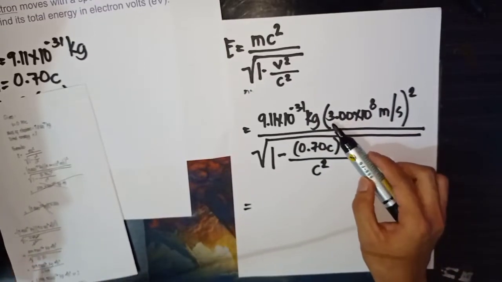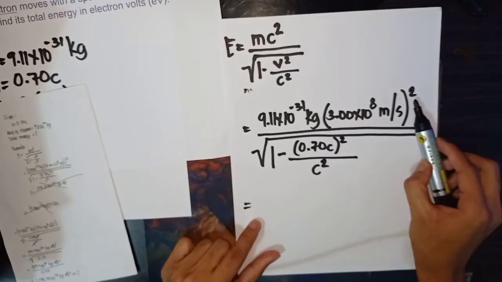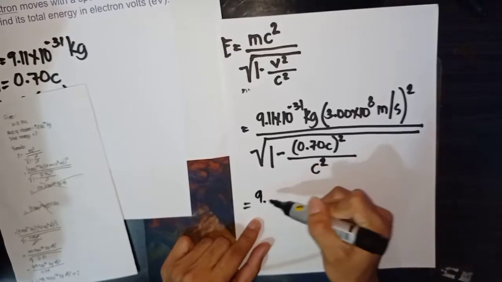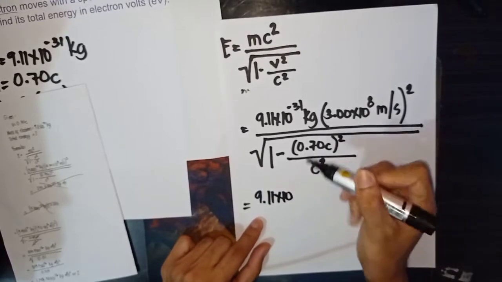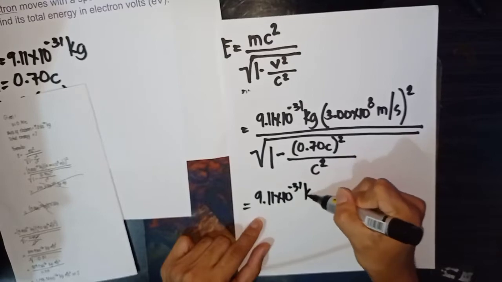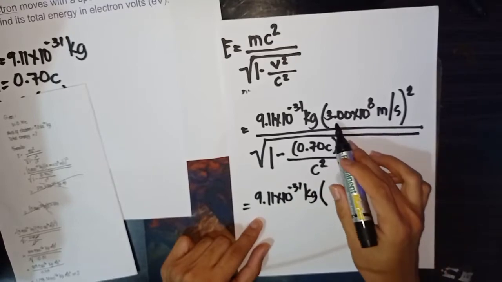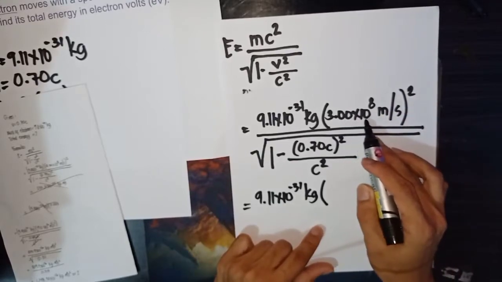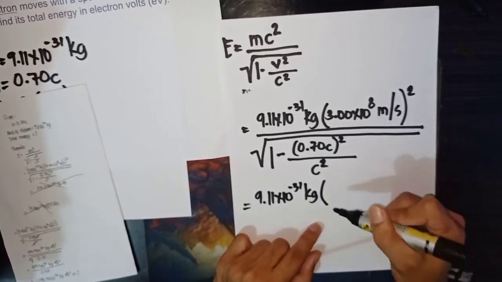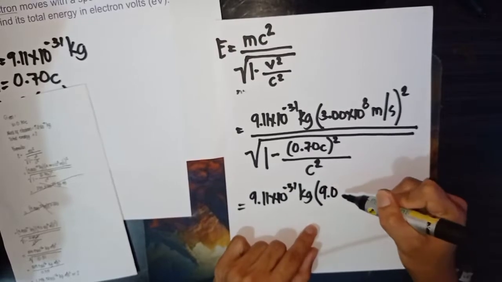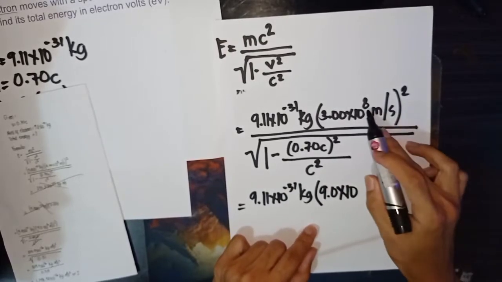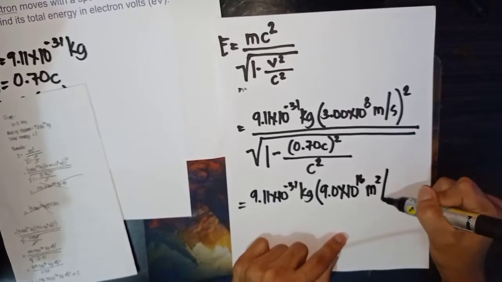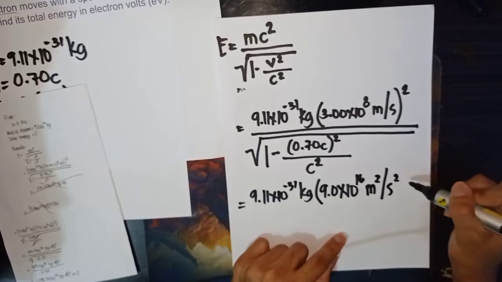Here we are going to square the speed of light first. So we have 9.11 times 10 raised to the power of negative 31 kilogram, multiplied by the product of 3 times 10 raised to the power of 8 multiplied by itself, that is 9.0 times 10 raised to the power of 16 meter squared per second squared.